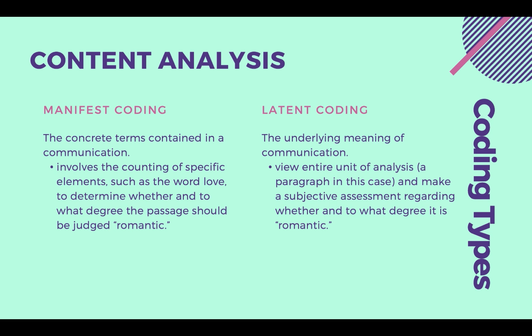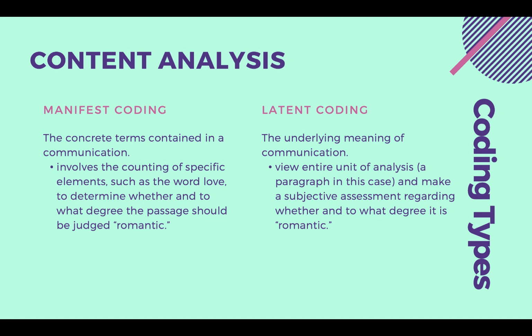For example, the word love popped up 132 times. That means it must be really romantic, right? Well, no, okay, let's try this. Let's count up the number of times that it said romance or the word romantic. So manifest coding really is cut and dry, concrete terms. We're just basically counting the total number of times a specific word appeared.